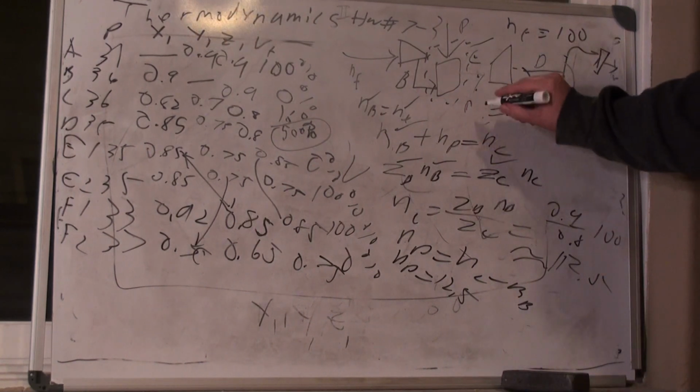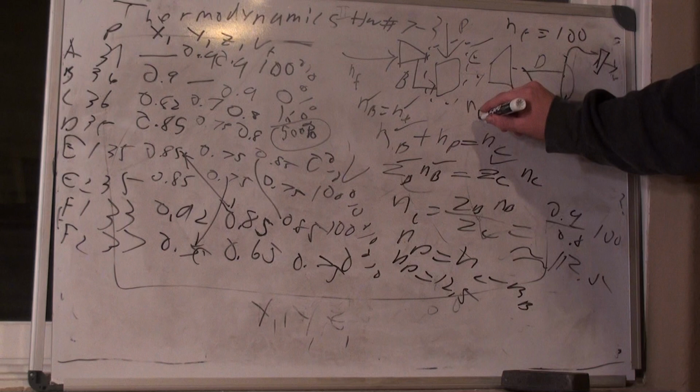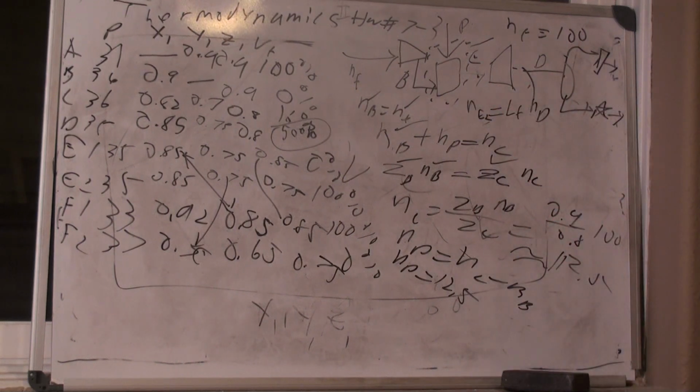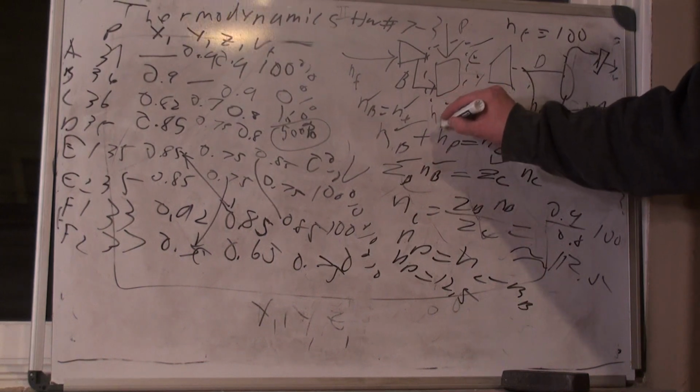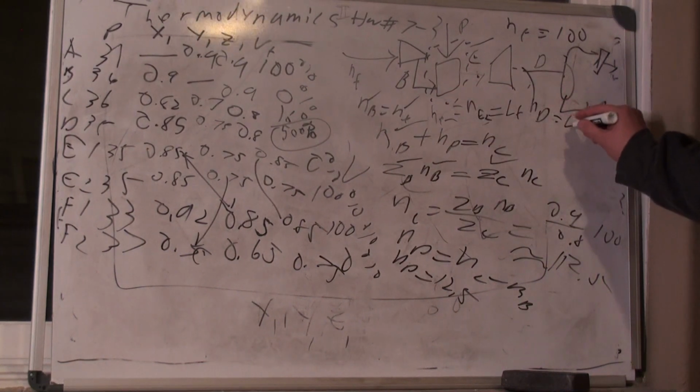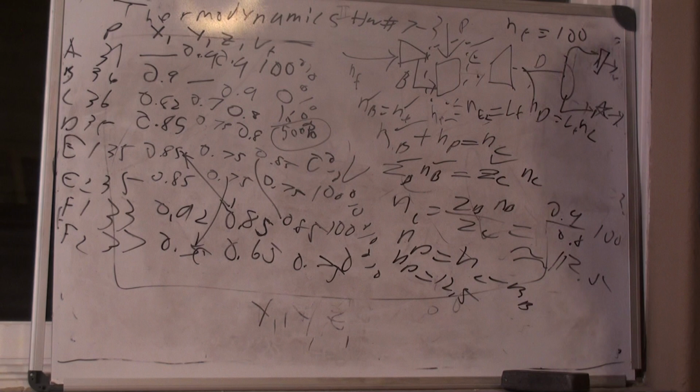Or rather, let's be proper about this. NE2. Okay, so NE2, which equals NF2, and this equals LF times NC. Well, I know NC is 112.5. 50% of that, what is that? 67.25?